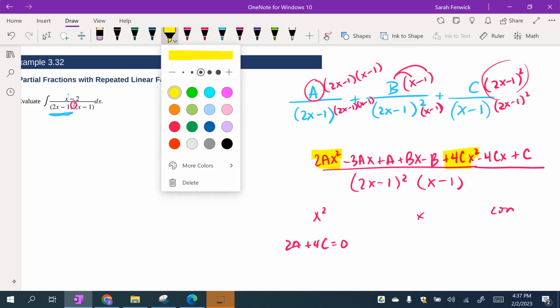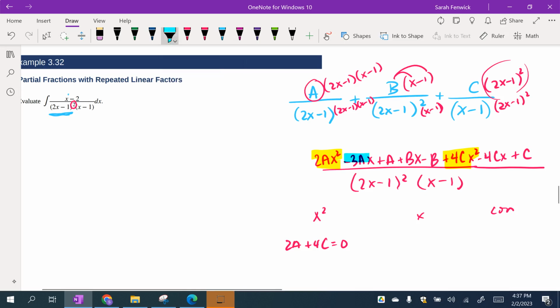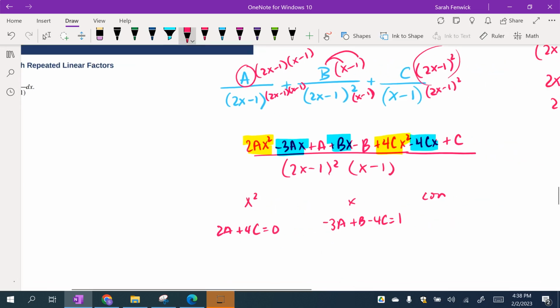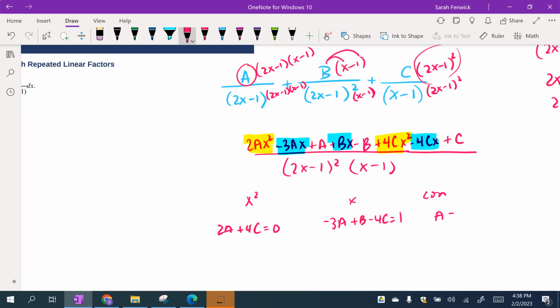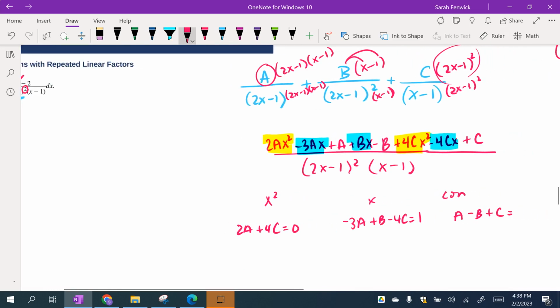For our x's, we're going to have minus 3ax plus bx minus 4cx. So negative 3a plus b minus 4c equals 1, because you only had one x in the original. And then what's left is our constants. We have a minus b plus c equals, our original had a minus 2, so negative 2.